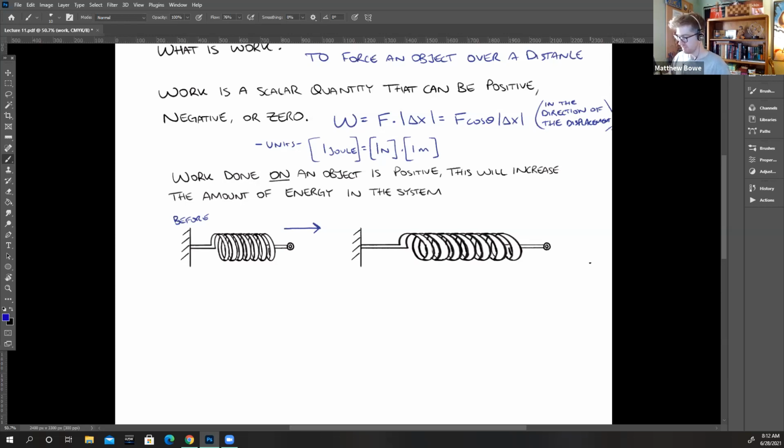This is like an intuitive example. There's a lot of tension, a lot of force just holding it out at this stretched point.